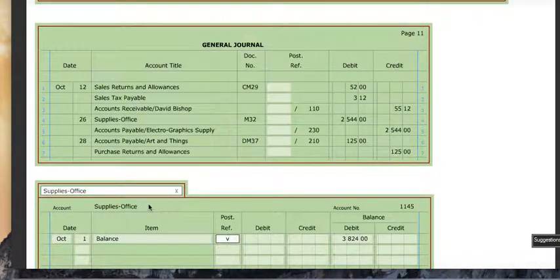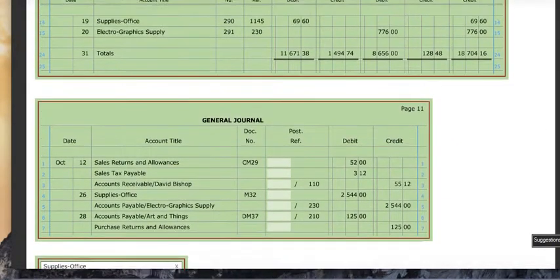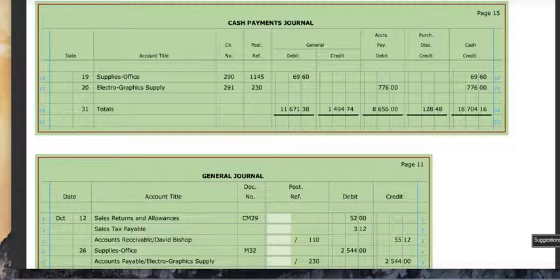Step number 2 is to post the October 19th general debit entry of the cash payments journal to the appropriate ledger account. So scroll back up to our cash payments journal. We need our October 19th, so we're looking at this date right here, our debit. So it's going to be going into supplies-office, a debit of $69.60.